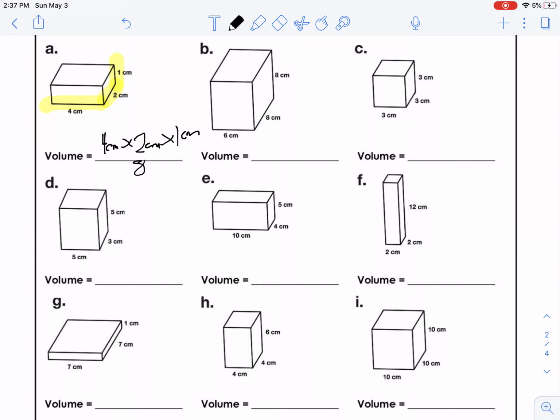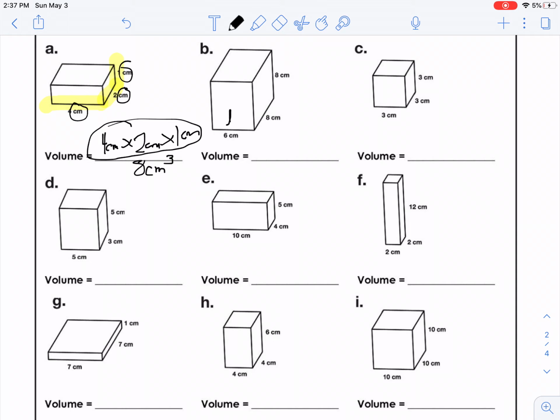But it's not just 8, it's 8 centimeters cubed. You do not have to do this number sentence for every single one of them. I was just wanting to show you.